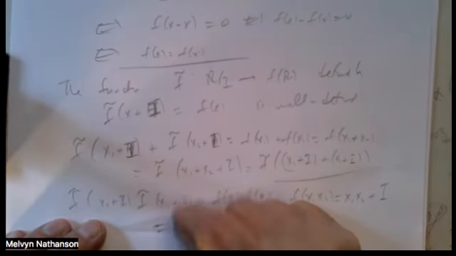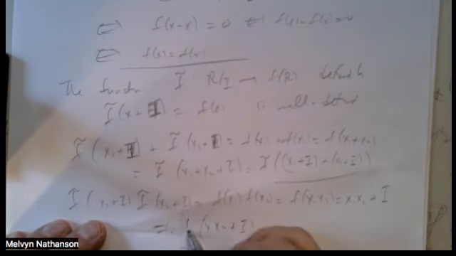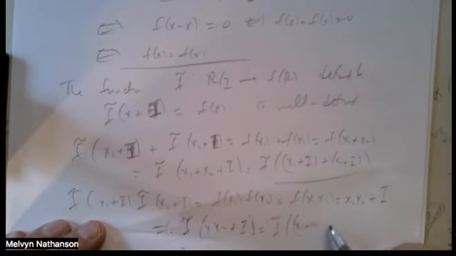That's X1 X2 plus I. This is F tilde of X1 X2 plus I. That's F tilde of X1 plus I times X2 plus I. So F tilde is multiplicative.